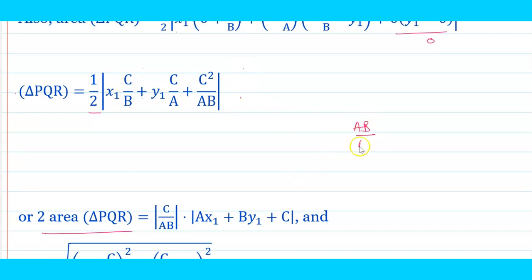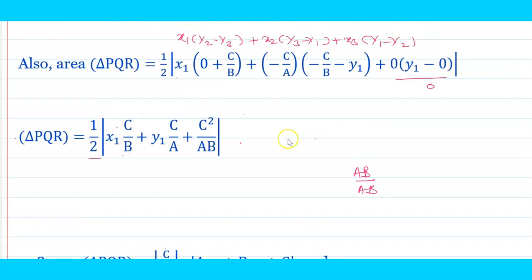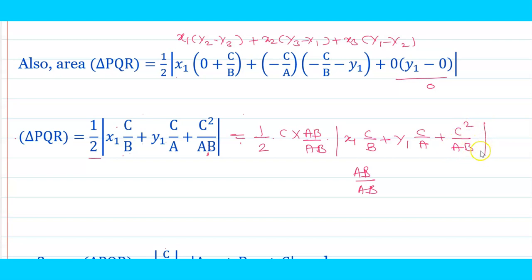Taking c as common, we get 1/2 times c, multiplied by ab in the numerator and denominator, with the bracket x1 c/b + y1 c/a + c squared/ab.